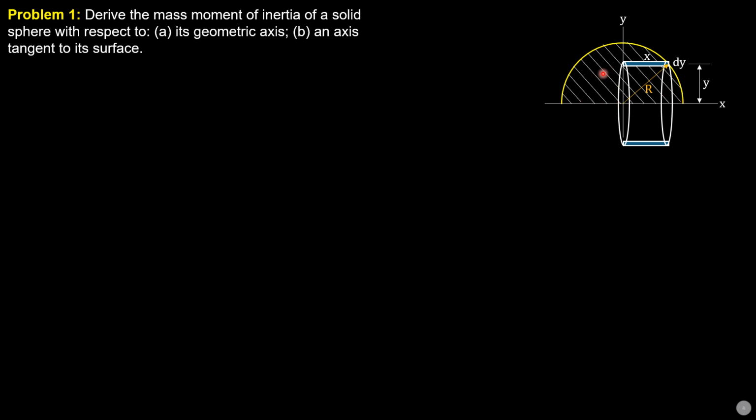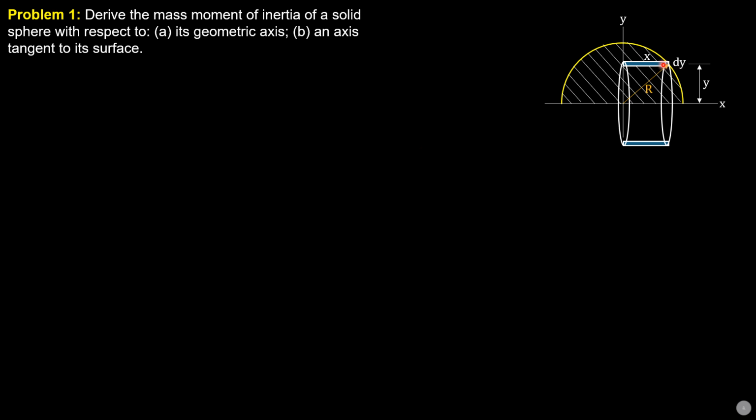So we begin with the moment of inertia because this is a cylindrical shell. The formula would be the integral of the constant distance squared, which is y squared in this case, times the differential mass, which is density times the differential volume of this cylindrical shell.